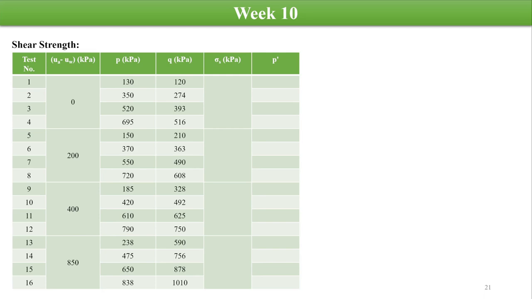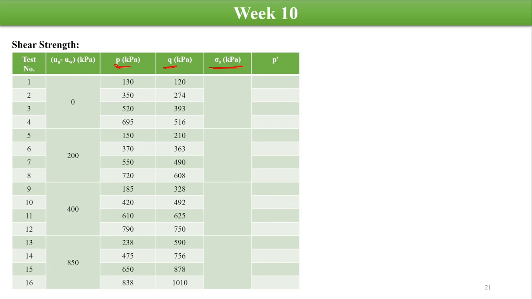Okay, so in this problem there are several tests which are conducted and the value of matrix suction is provided here. Apart from that, the value of P is also provided, and the value of Q is provided, that is the mean effective stress and the deviatoric stress. And then we need to calculate, first, the value of sigma S.